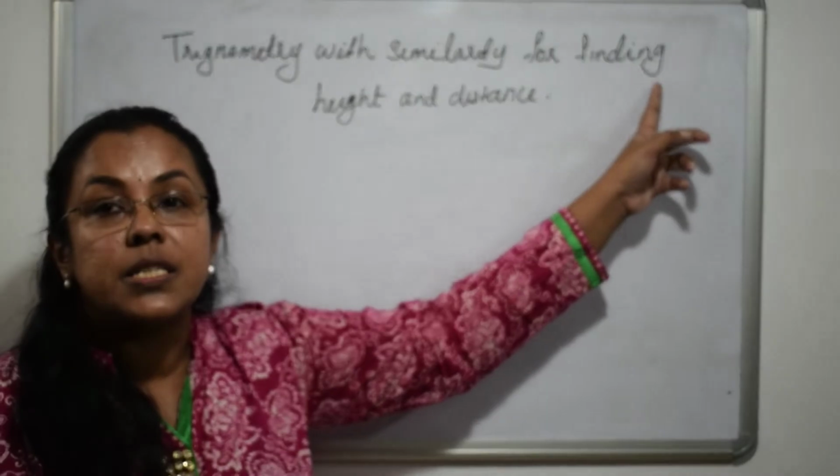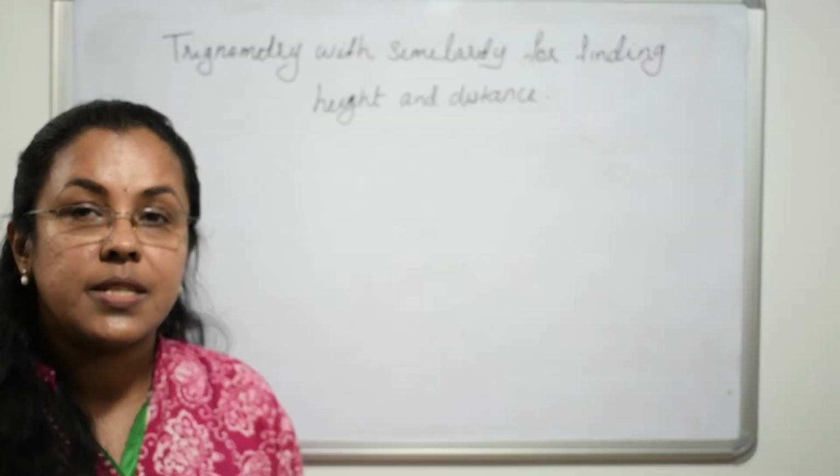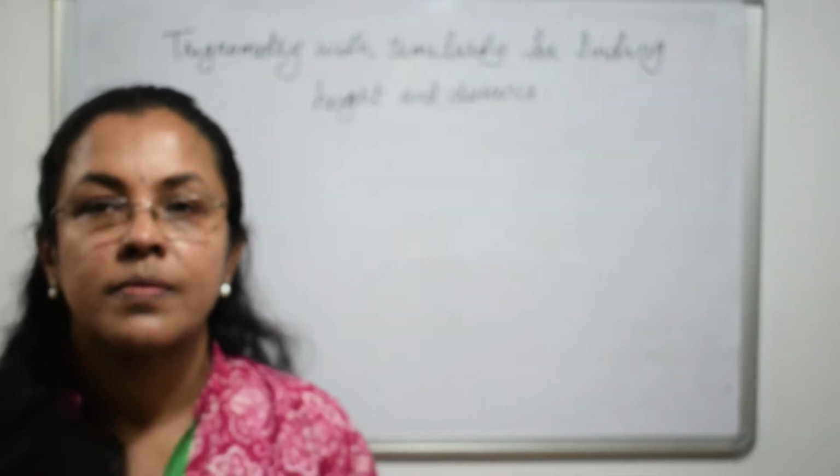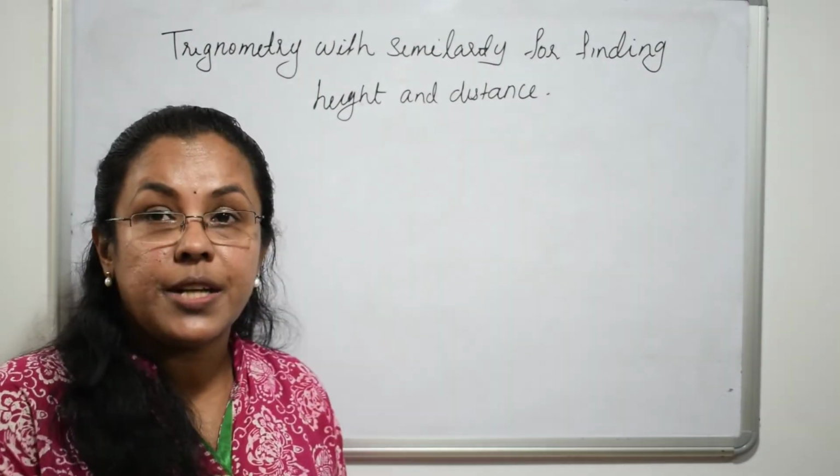Trigonometry with similarity for finding height and distance. How, that I am going to explain. Consider two right triangles.